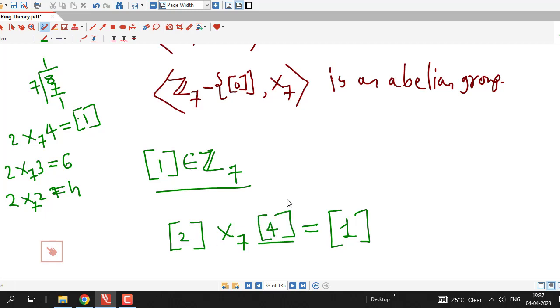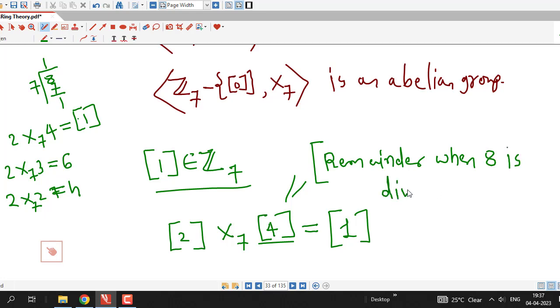2 into 4 is equal to the equivalence class generated by the remainder when 2 into 4, that is 8, is divided by 7. So if we divide 8 by 7, the remainder is 1.